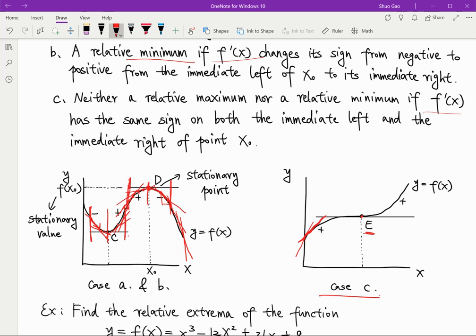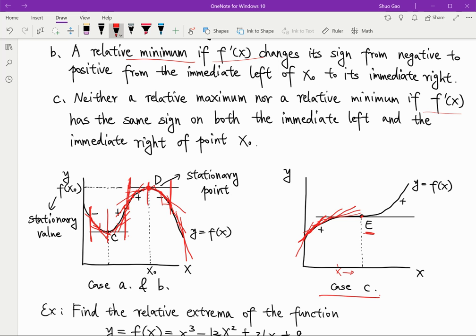And then it becomes flatter, and then flatter again. Each time you increase x a little, the slope of the tangent line becomes flatter and flatter until it reaches the point E, where the slope becomes 0, just a flat straight line that's parallel to the x-axis.